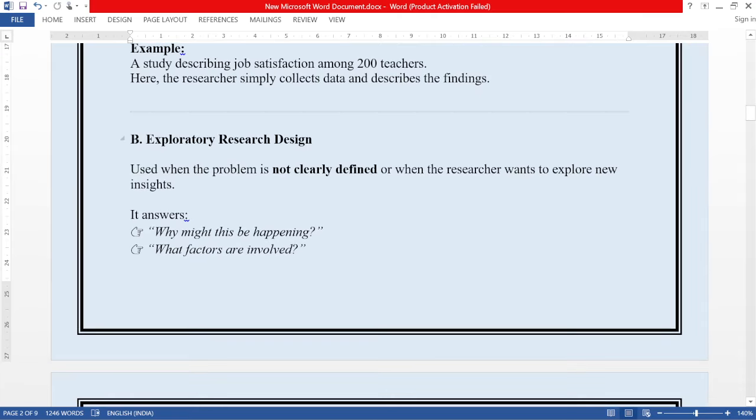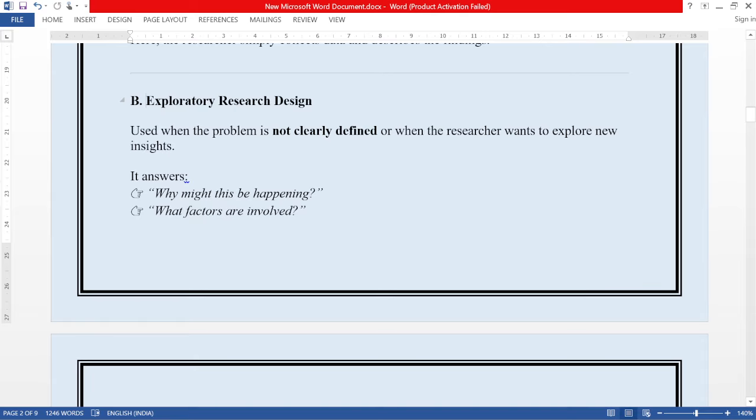Now let's talk about the second type of research design, which is exploratory research design. It is used when the problem is not clearly defined or when the researcher wants to explore new insights.